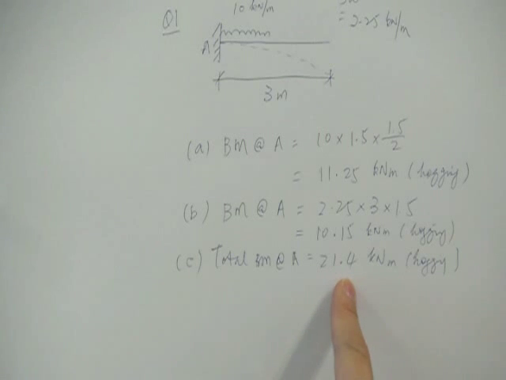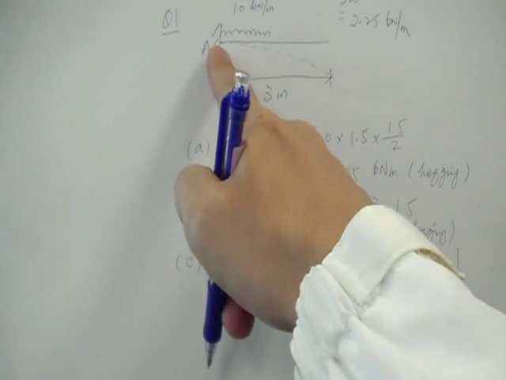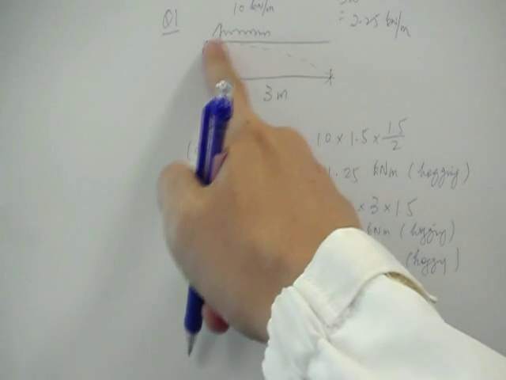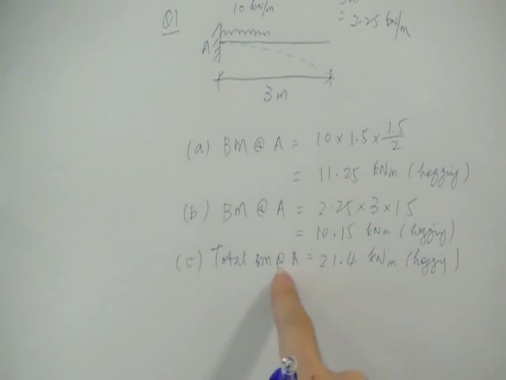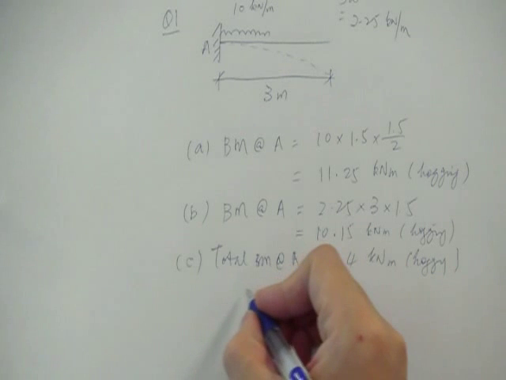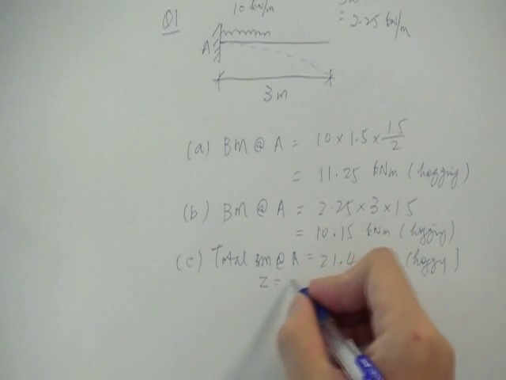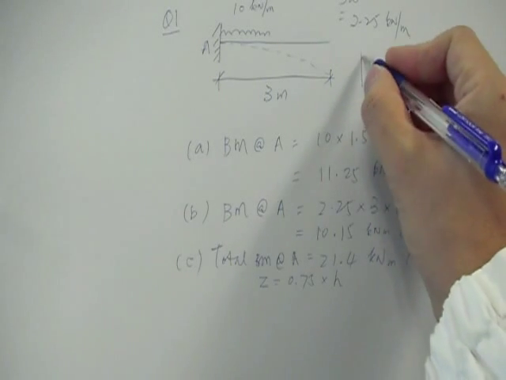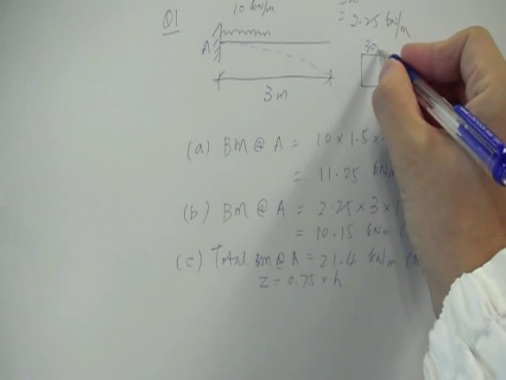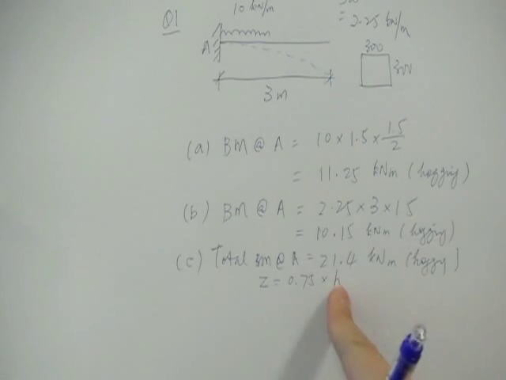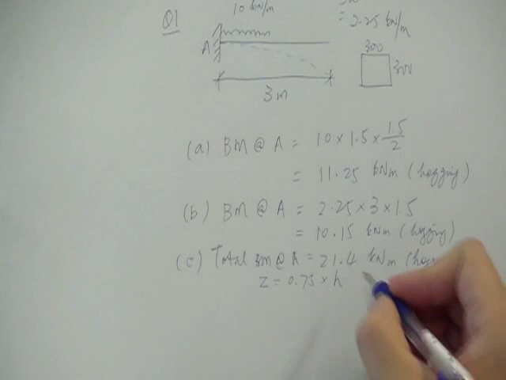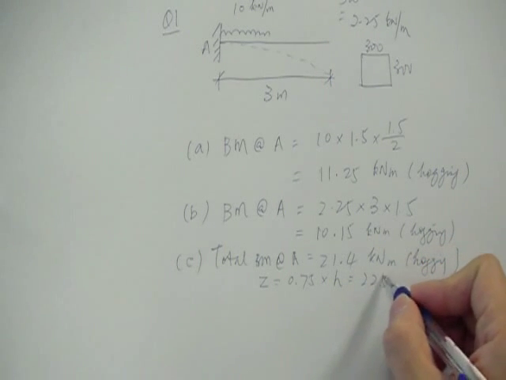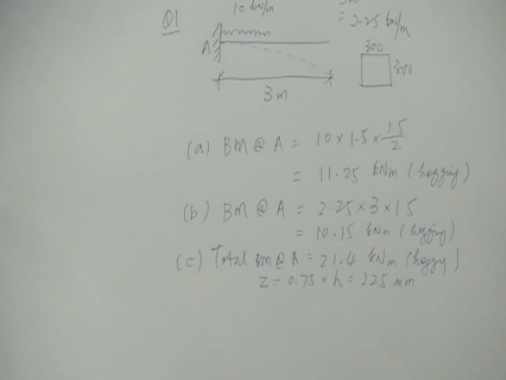So based on that, you can calculate the number of rebars at the top of the cross-section to resist that bending moment. So assuming the internal lever arm is 0.75 times H, and given that the cross-section is 300 by 300, so H is just 300, so 0.75 times 300 will give you 225 millimeter as the internal lever arm.